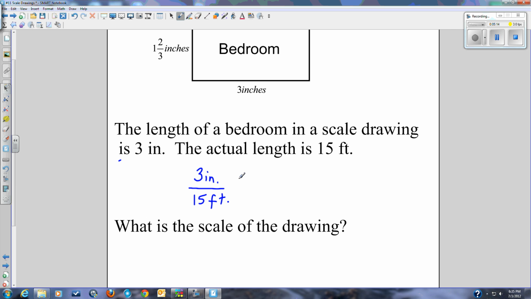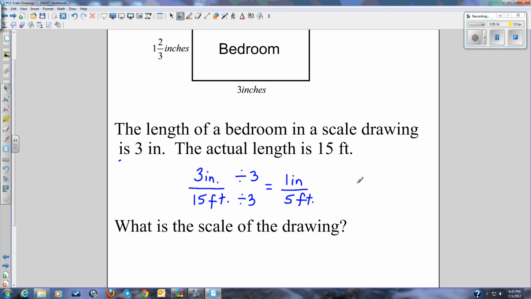Now, you might think you're done, but you're not. If you can reduce this, go ahead. Each one of these numbers can be divided by 3. So we're going to write our answer as 1 inch to 5 feet. Always reduce your answer if you can.